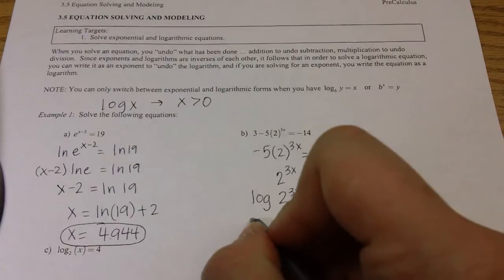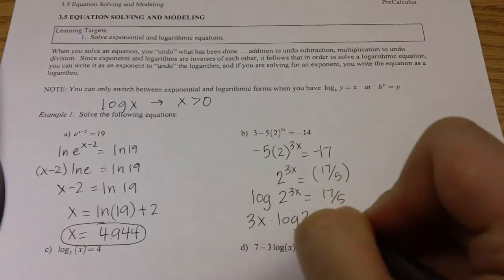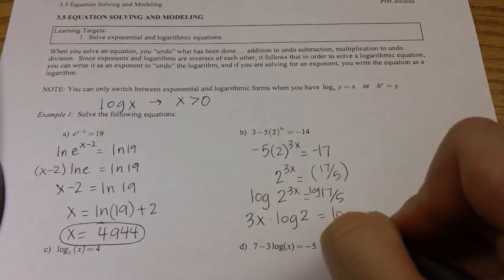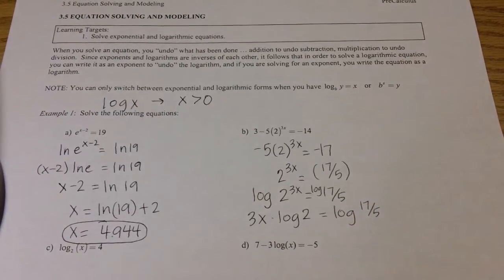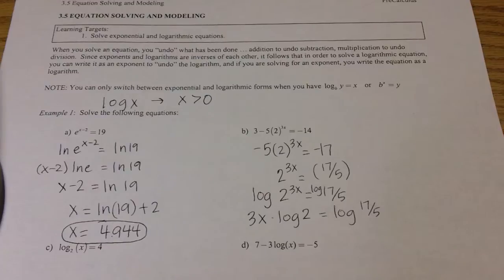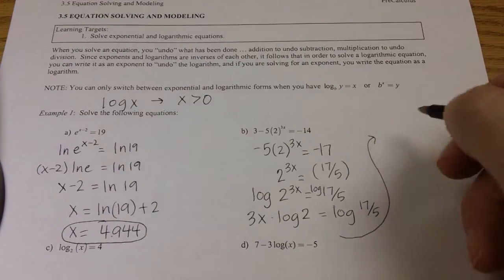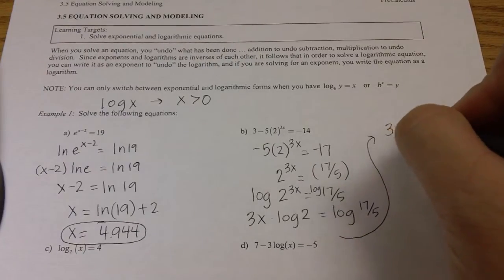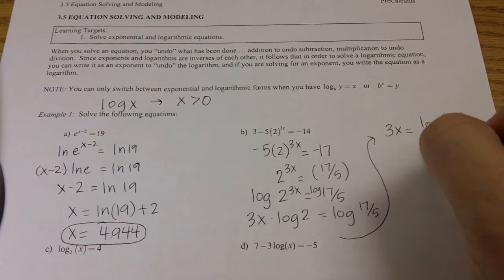So we have 3x times the log of 2 equals the log of 17 over 5. Our next step is to divide both sides by the log of 2. So we end up getting 3x equals the log of 17 over 5 divided by the log of 2.